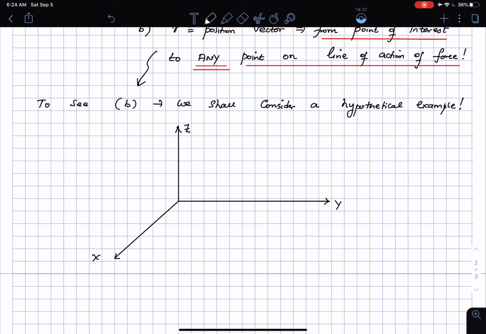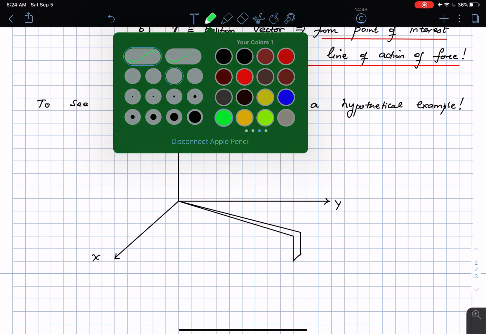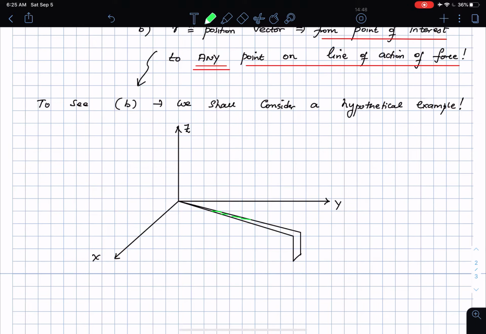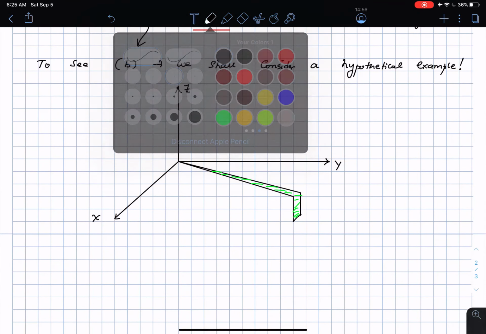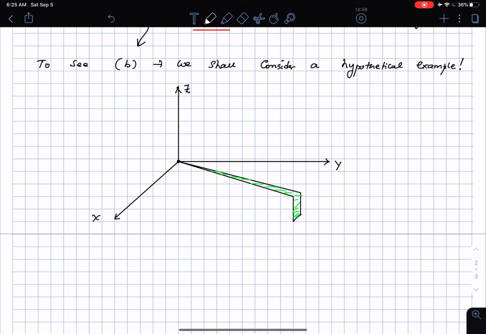And then let's say that I have some kind of an arbitrary rigid body, attached at the point O, and it is directed this way. So this is some random rigid body. Then I'm saying the point of interest for me is the point O. So point O is the point of interest.